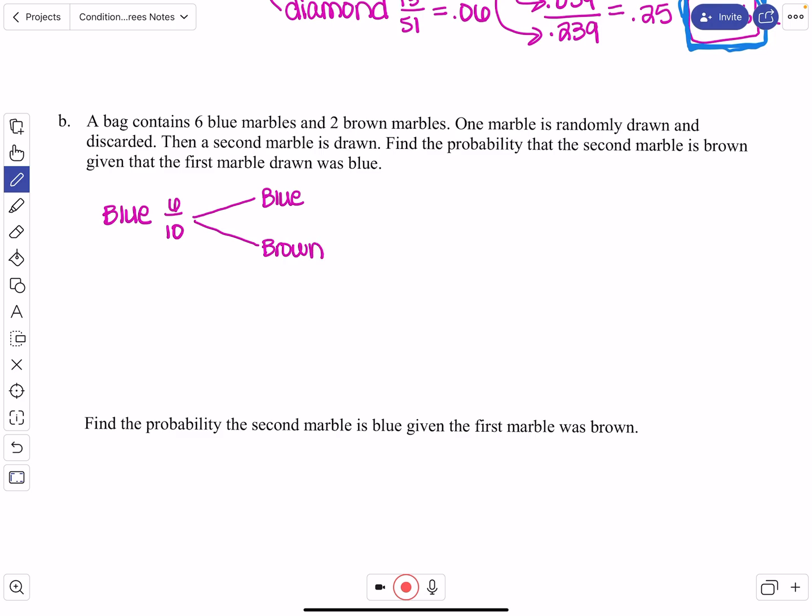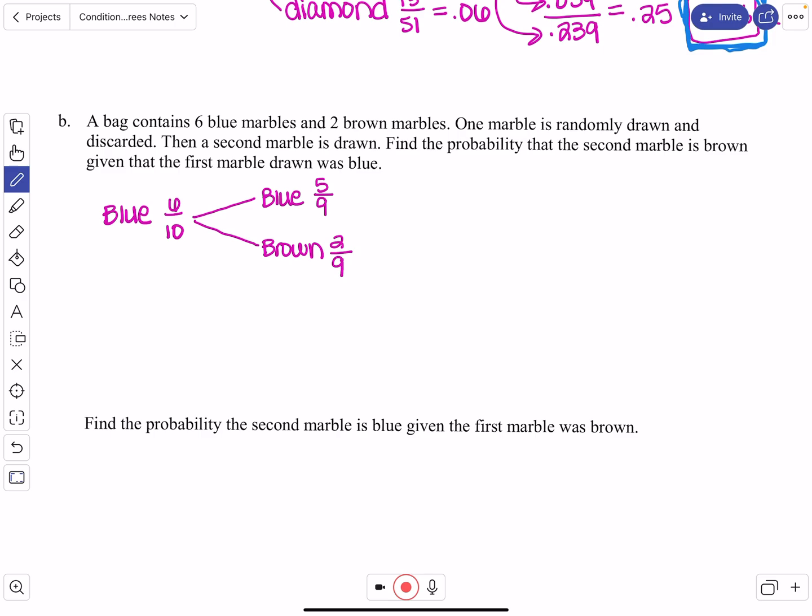If you drew a blue one the first time, there's only 5 left, and there's only 9 marbles left. If you drew a blue one the first time, all of your brown ones are left, so there's 2 brown ones, but there's still only 9 total marbles left.